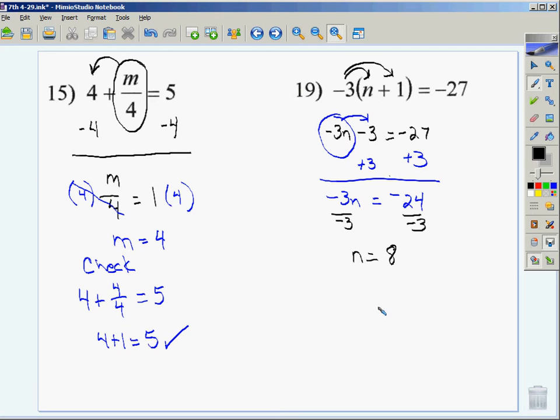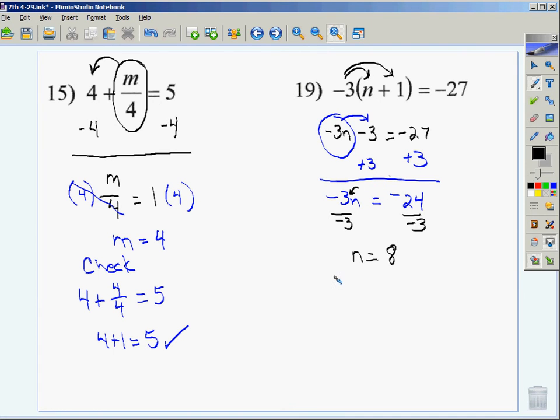Why wouldn't you do the opposite, like positive 3? Because the opposite of what I need is the opposite of multiplication, which is what? Division. The 3 wasn't being subtracted, it was being what? Multiplied. So the opposite of multiplication is division.